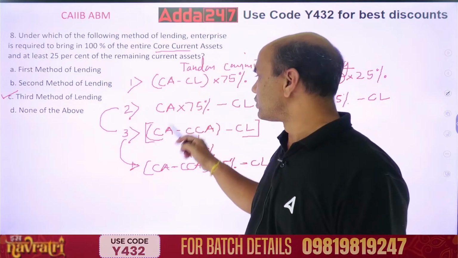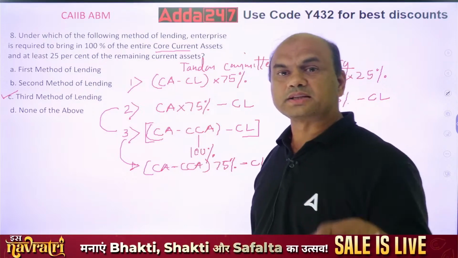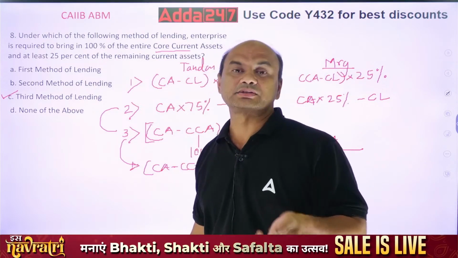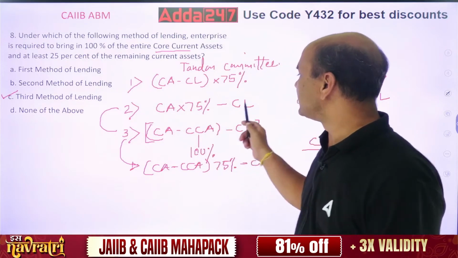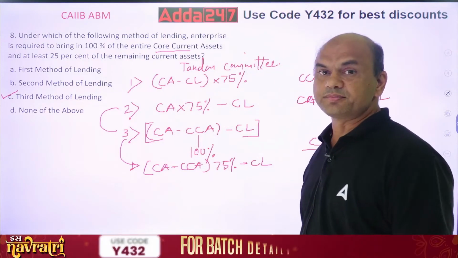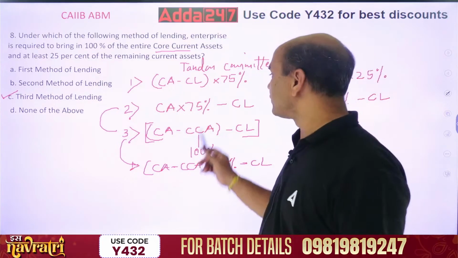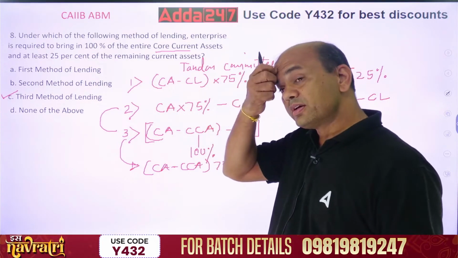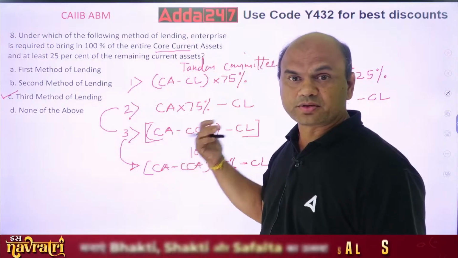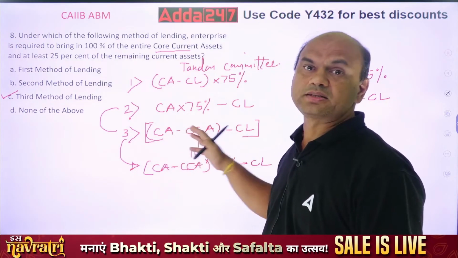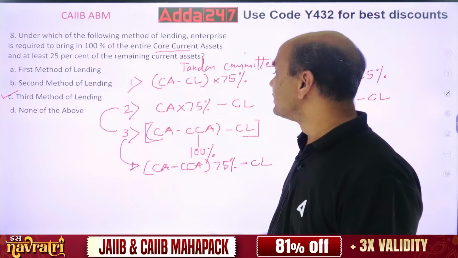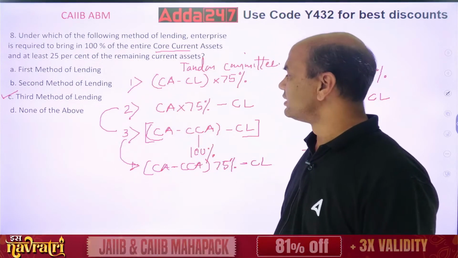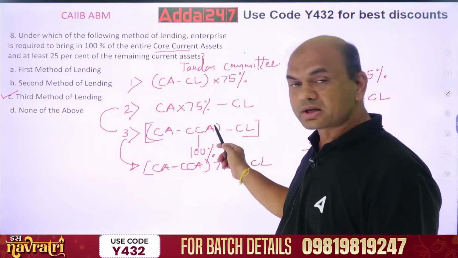Method number 2: current assets into 75% minus current liabilities. Okay? In method number 2, I'll take current assets, first multiply by 75%, and then subtract current liabilities. Method number 3: current assets minus core current assets.